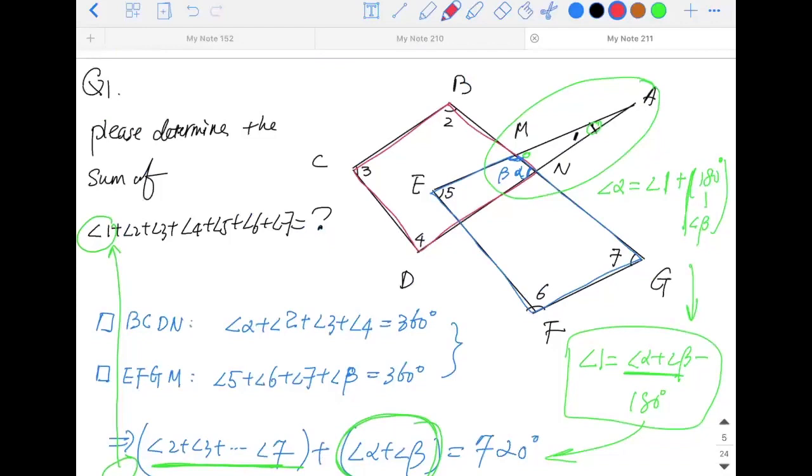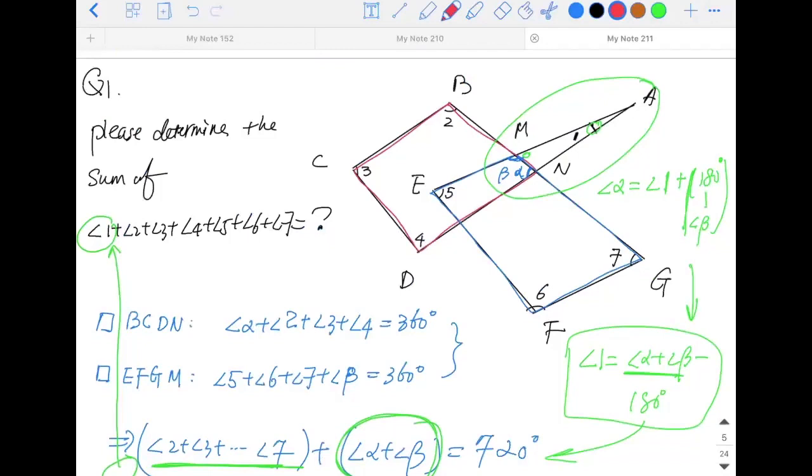Think about it. If you see this problem and you have no idea how to do the calculation, can I have some shortcut to directly guess out the solution for this problem?